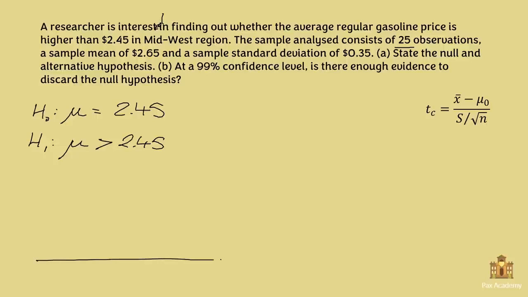Now let's draw the distribution. As you'll notice from this, the alternative hypothesis says higher. It doesn't say different from. So in this case, it can only be higher. So we know that this is going to be a one-tail test. But on which side? Is it going to be the right side or the left side?